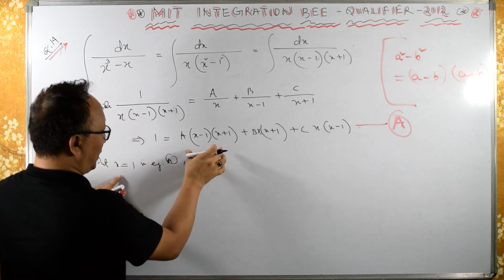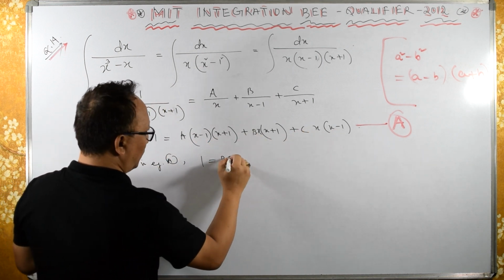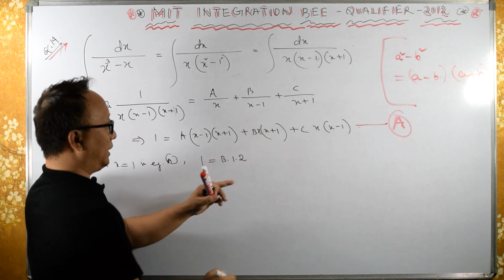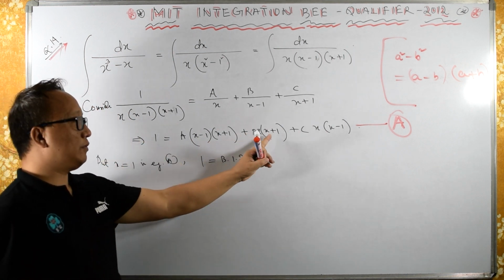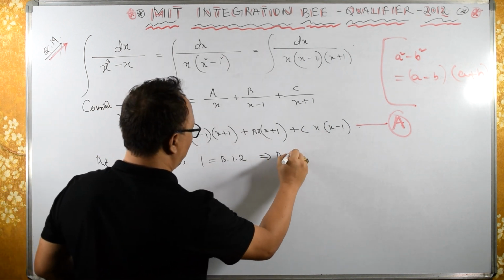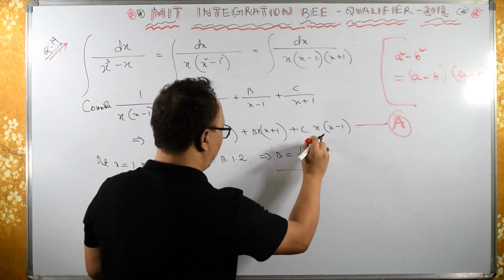Now B into (1 plus 1) is what? 2. This implies B equals 1 upon 2. So we have the value of B.